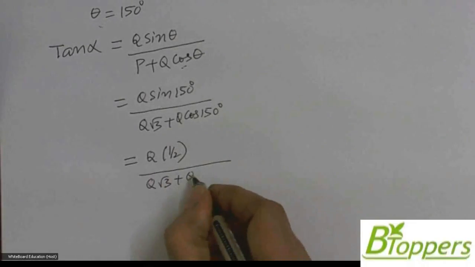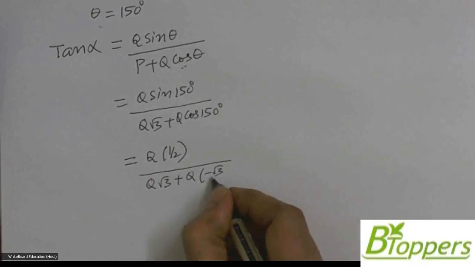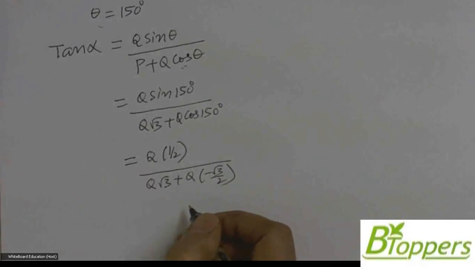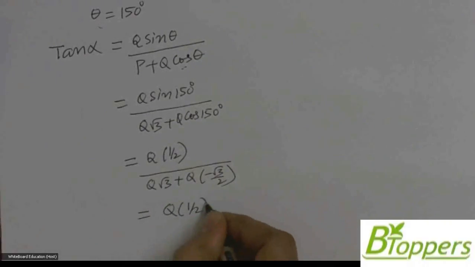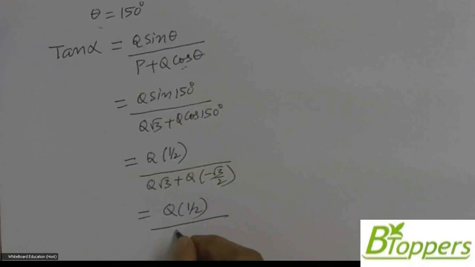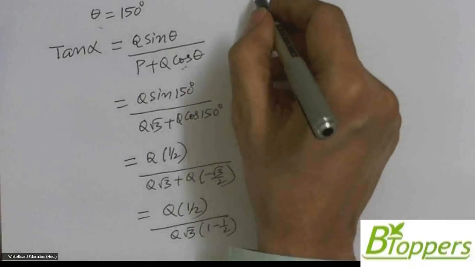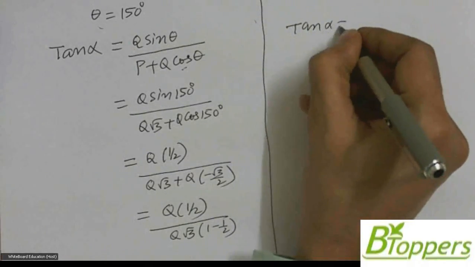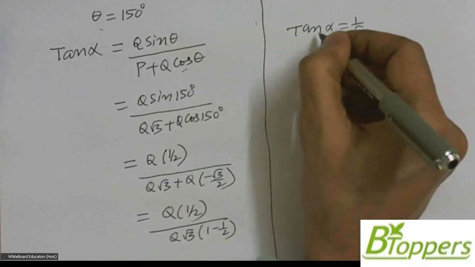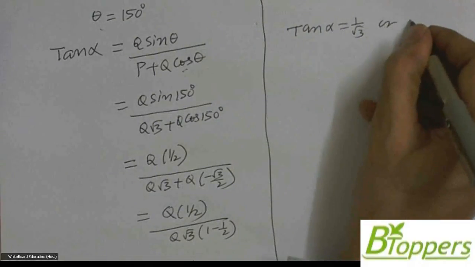The value of cos 150 degrees is minus cos 30 degrees, or minus root 3 by 2. So here you get Q into 1 by 2 divided by Q into root 3 minus 1 by 2. If you simplify this, you get tan alpha equal to 1 by root 3, or alpha equal to 30 degrees.